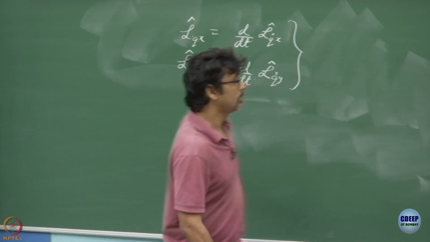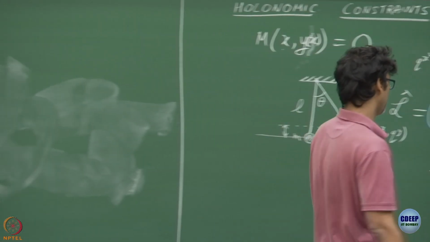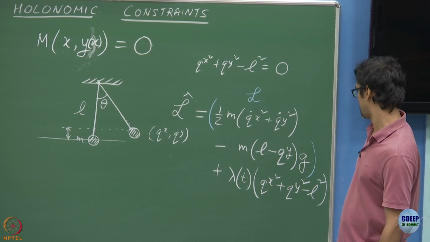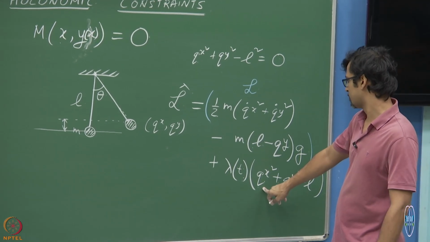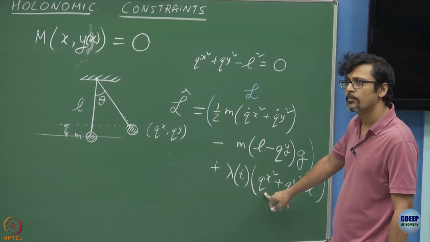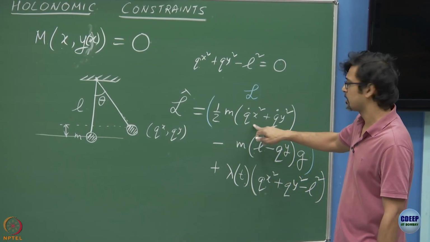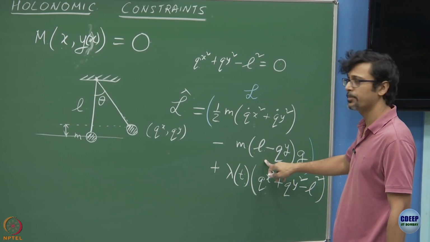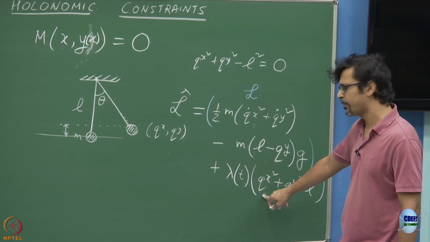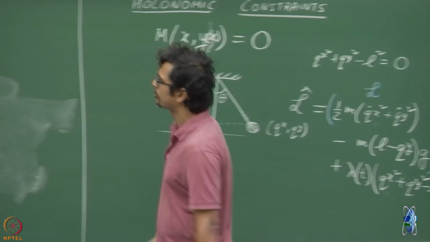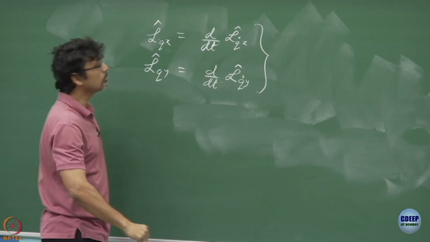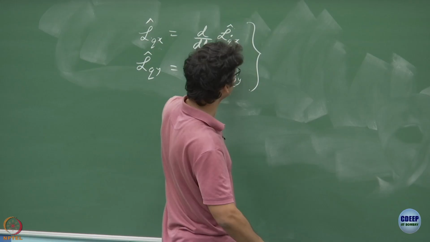What's this? With respect to qx, if I take, just this term appears, isn't it? There's no other qx anywhere, correct? Because this is qx dot. Qx doesn't appear in the potential energy. Qx only appears in the constraint. So it's 2 lambda Qx. And that one is equal to this. What is this?